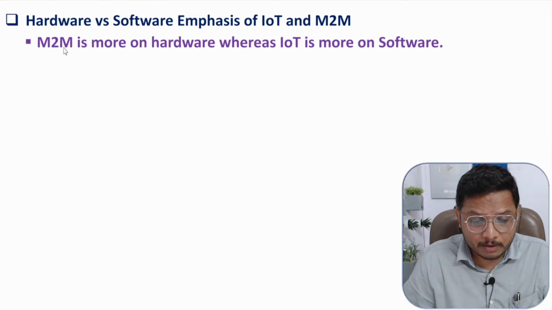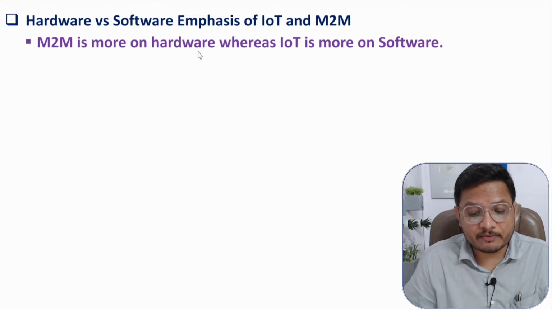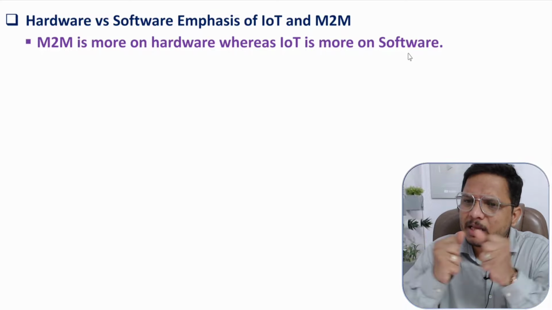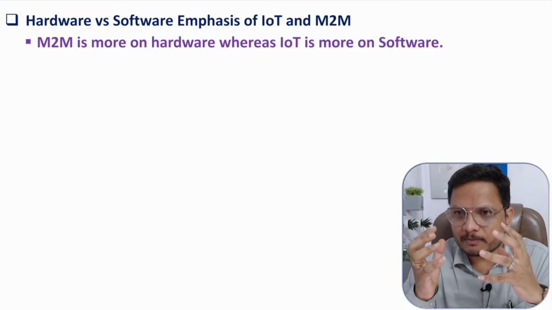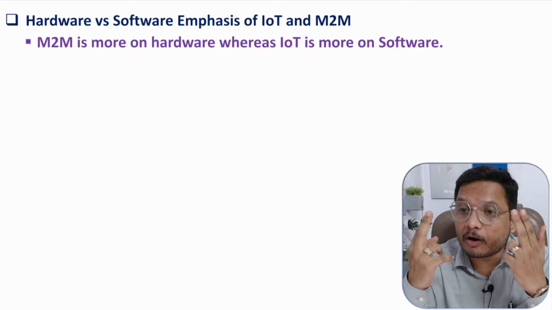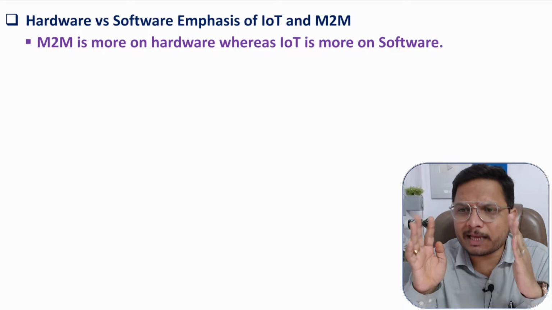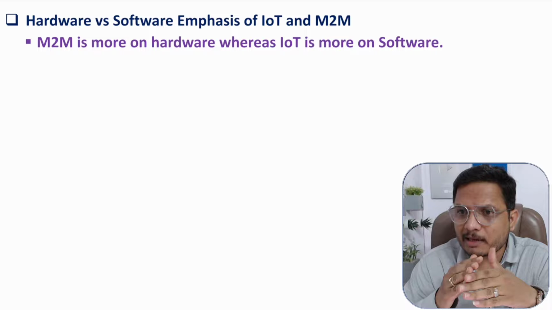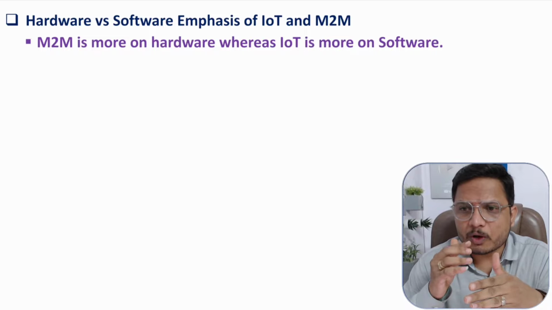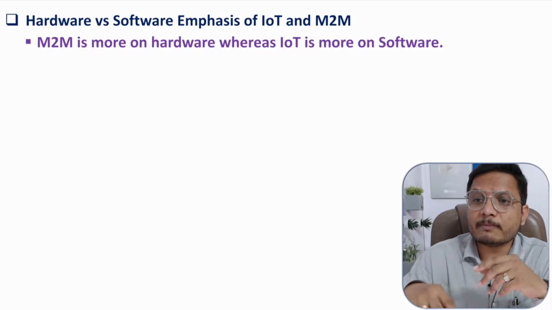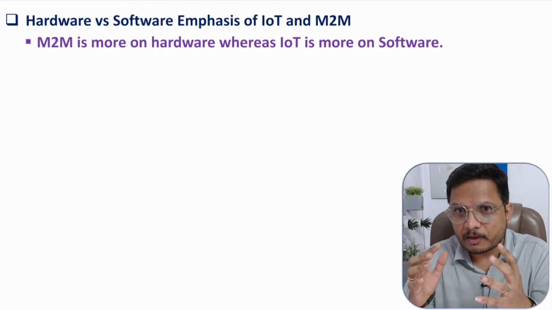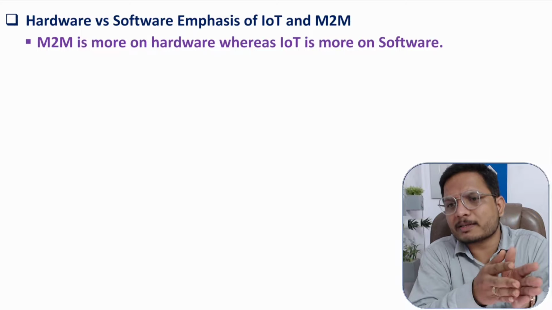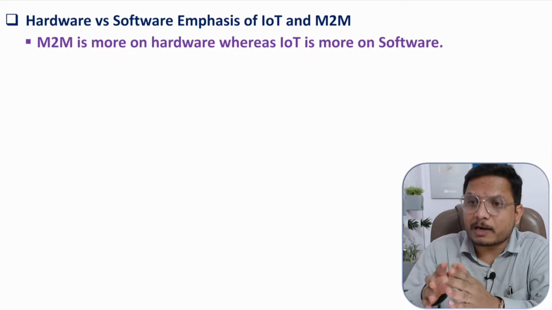M2M is more towards hardware, and IoT is more towards software. In M2M, direct communication is happening between machines, and here we do not deal with software. In IoT, we forward data on the internet, where we can have many algorithms, like machine learning, big data analytics, and artificial intelligence. Algorithms are deployed on the cloud, and from the cloud you can access data as per your wish.